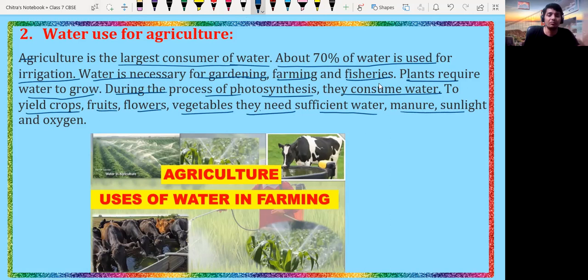Whether plant or animal, they require a sufficient amount of water, manure, sunlight, and oxygen for proper growth. So this is all about the use of water in agriculture.